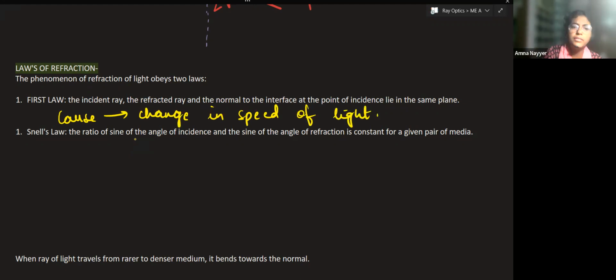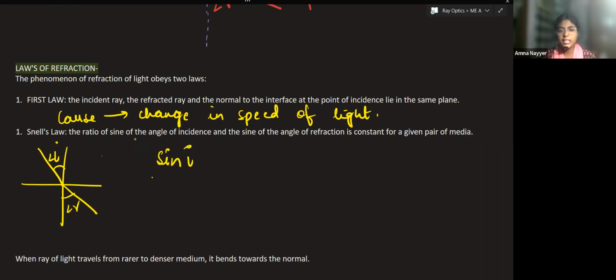Now, the second law is Snell's law. We have a relation between the angle of incidence and the angle of refraction. That is given by Snell's law. So Snell's law simply says that if this is your interface, this is the angle of incidence and this is the angle of refraction, then sine of i by sine of r is equal to a constant.